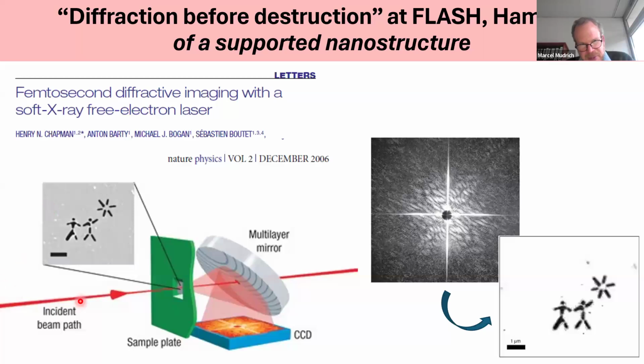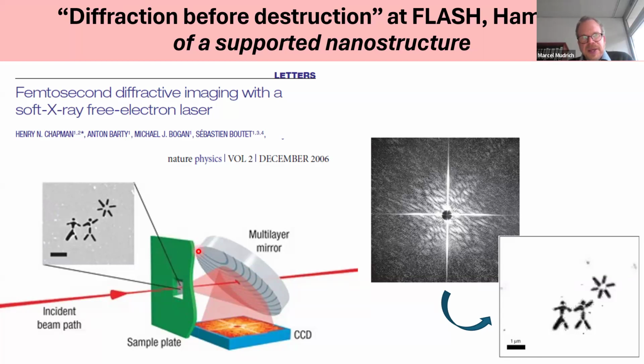Of course, this method works only on a single shot basis, because a single femtosecond X-ray pulse, even if it's a soft X-ray pulse, that is intense enough to create a whole scattering image is intense enough to destroy this sample.